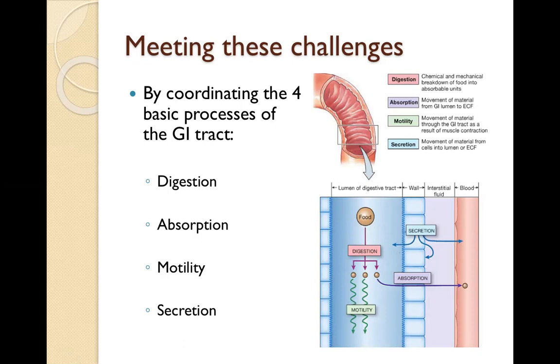So it's really about coordinating these 4 basic processes. And that's really going to be our main goal when we talk about GI physiology. We're going to talk about the idea of digestion and absorption. We're going to talk about motility, and we're going to talk about secretion.